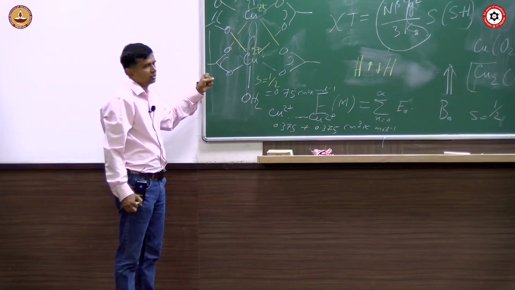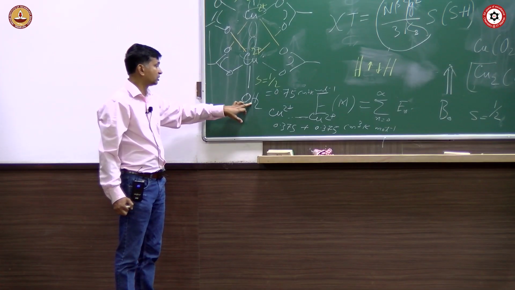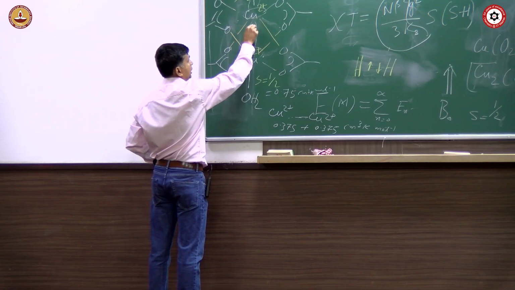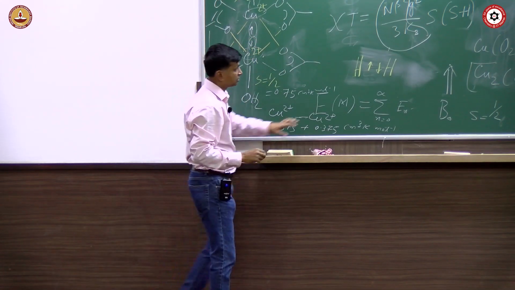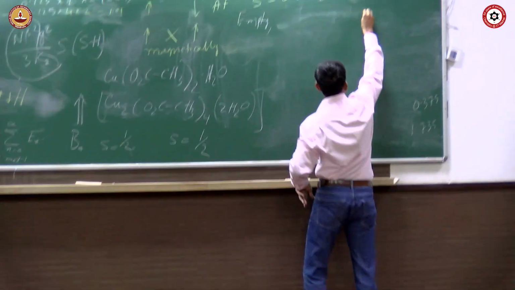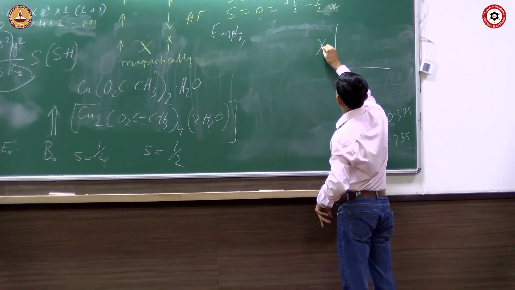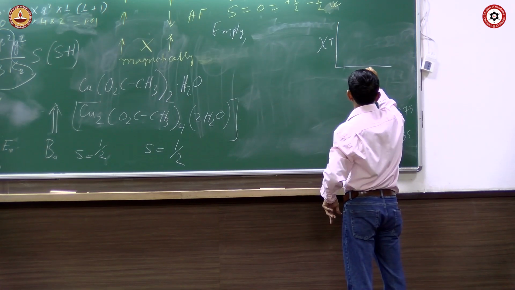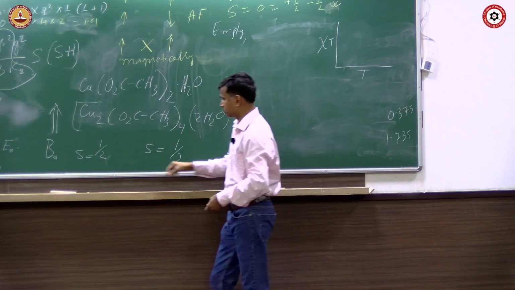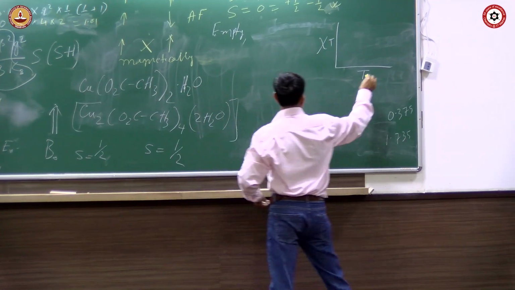Suppose, for namesake, we say that both spins in these molecules are here, one up spin like a hydrogen molecule and the other a down spin, like this. When I put it in the machine, I am supposed to get the chi-T product very close to 0.